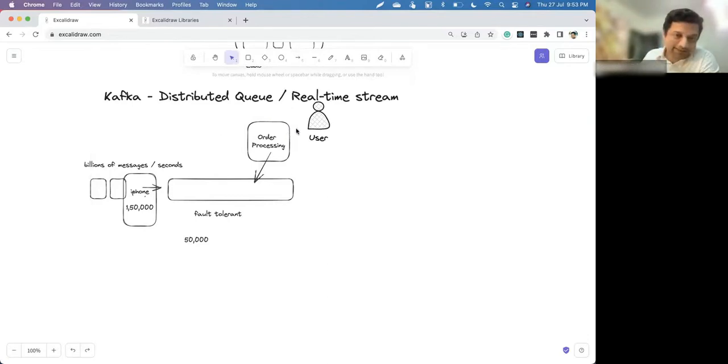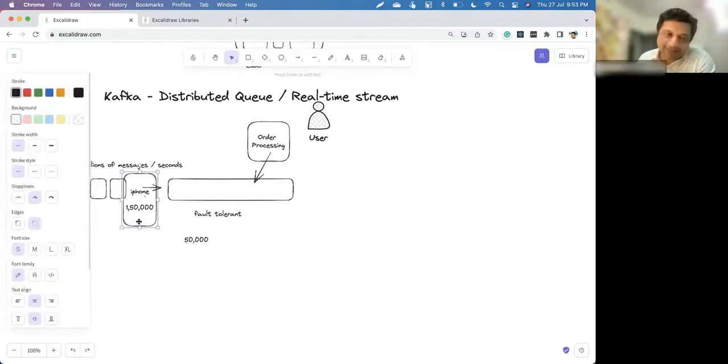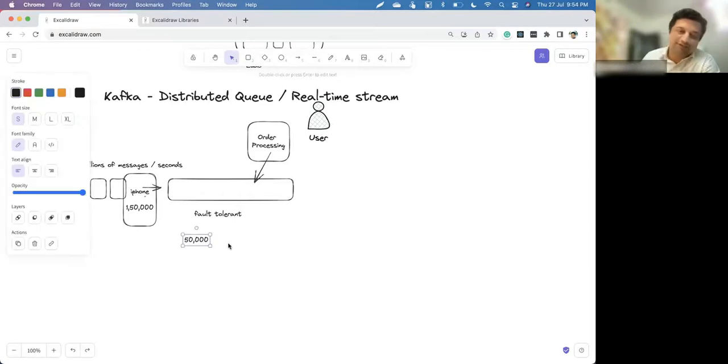Now the message will still be there. If the message queue would not have been there, then the company would have lost 50,000 rupees, and they would lose many such orders.